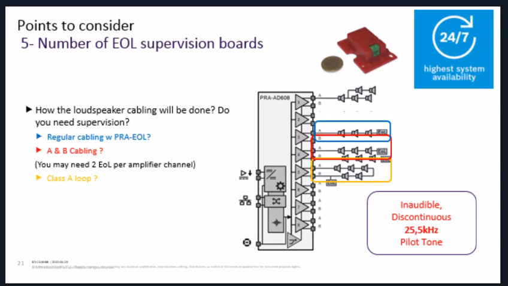It will be just like regular, because then you will also use one end-of-line board per loop. But yeah, that's something you should consider to figure out how many end-of-line boards you need.